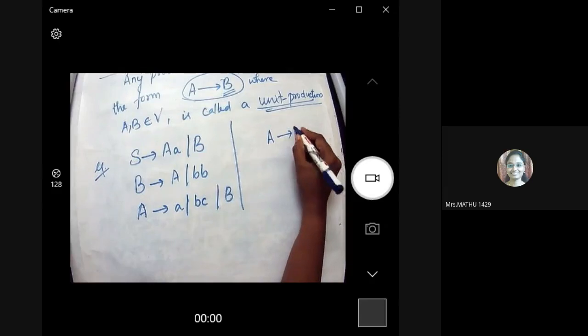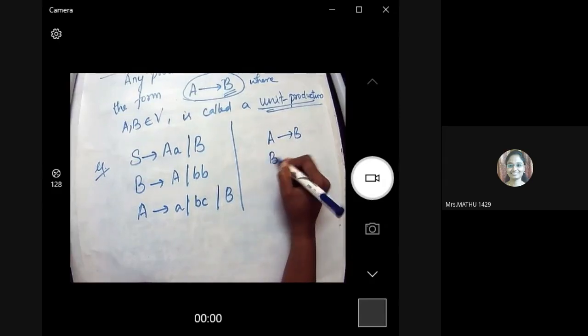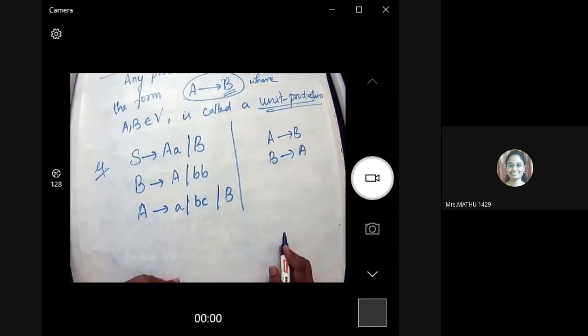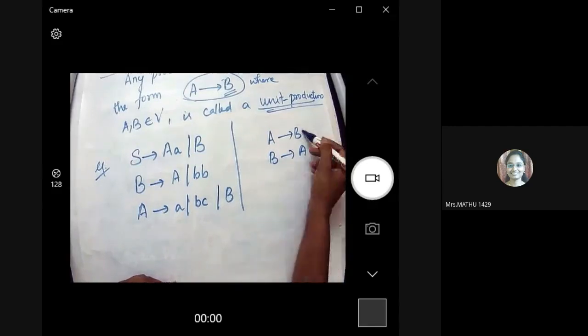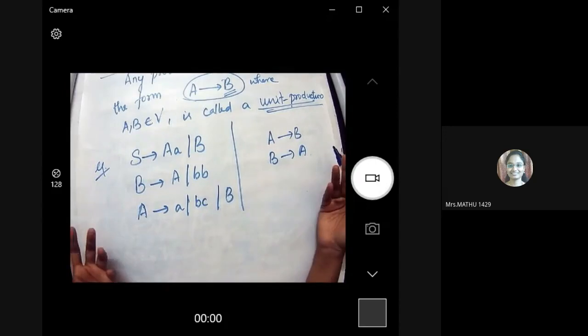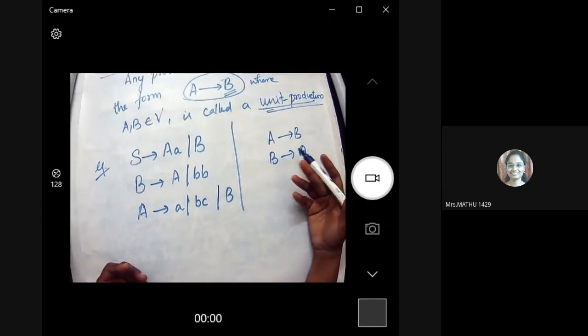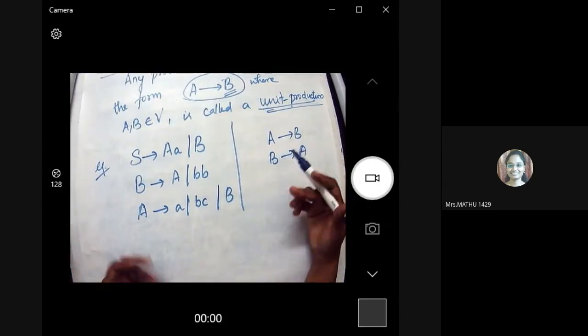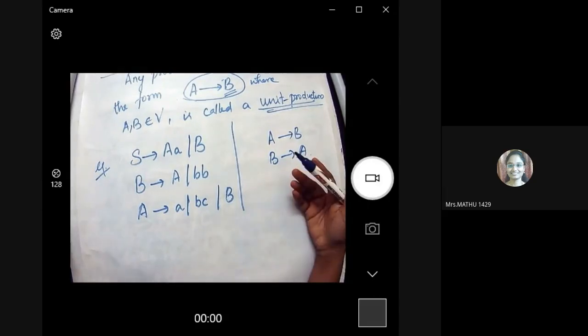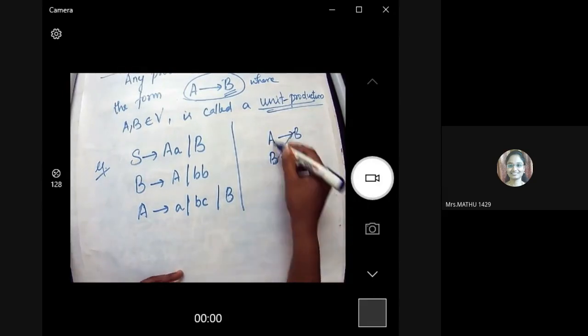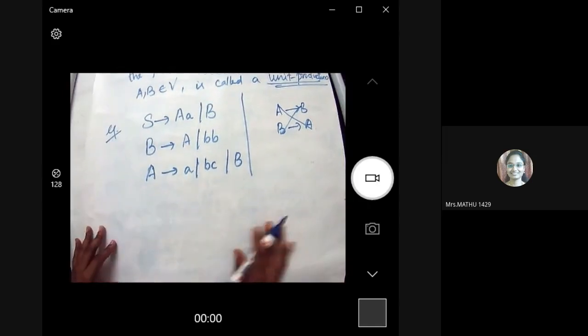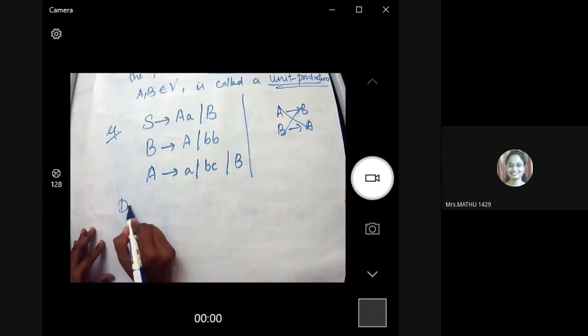Sometimes you will be having both A gives B and B gives A. In that case, all the B productions you will replace here, and again all the A productions you will replace here. So there will not be any solution ultimately. The purpose will not be solved, and again you will be getting unit production. So to remove that, what we are going to do is have a dependency graph for the unit production.